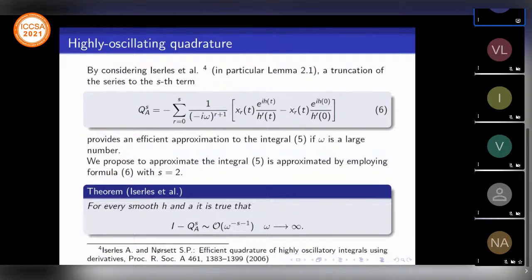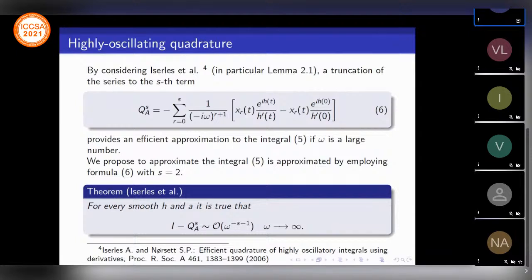Essentially, the approximation of such integral is given by the truncation of the series. In our approximation, we truncate at the second order, and when the integrand function is highly oscillating, we have a good convergence.